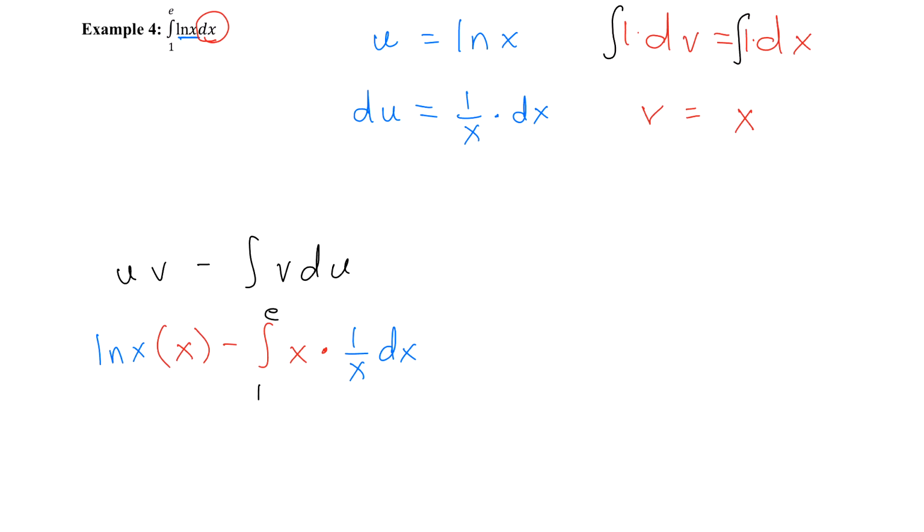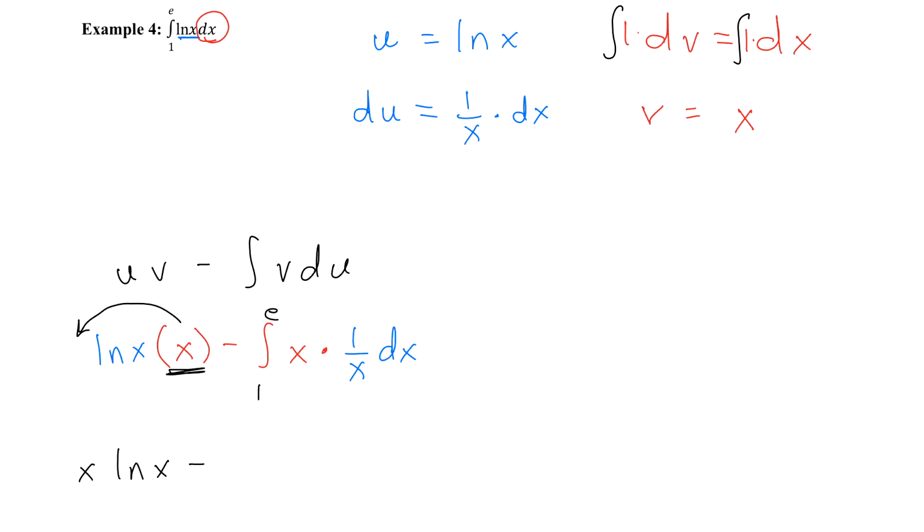So I'm going to rearrange a couple different things. I don't really like writing this as natural log of x times x because it becomes perhaps a little bit unclear what's inside of that natural log function. Is it just this x? Is it this x? So I'm going to move this x, which is not inside of my natural log function, to the front. So this will look like x times natural log of x minus.